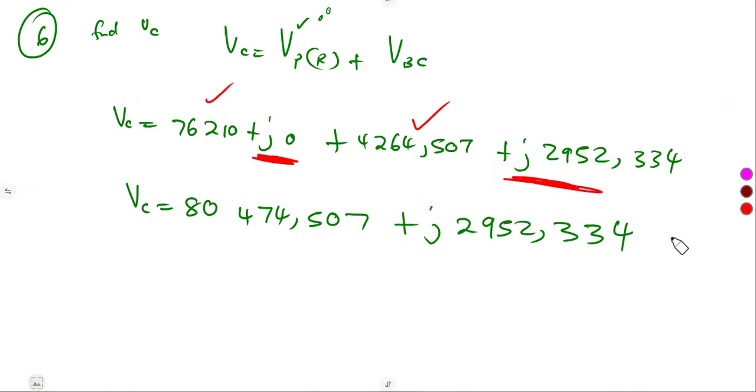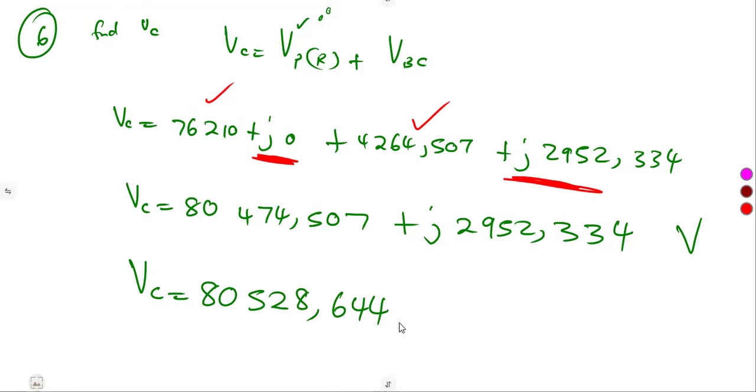So we have got our voltage across the capacitor, which we can also convert to polar form. From rectangular form, converting to polar form, it was going to give us 80,528,644 at an angle of 2.101 degrees. So make sure, guys, on the calculator, everything must be done properly.